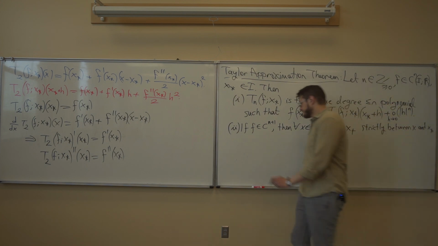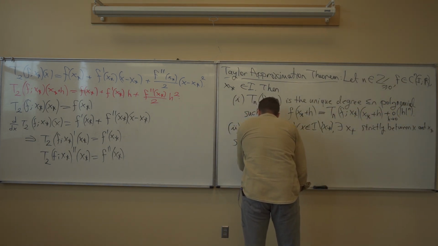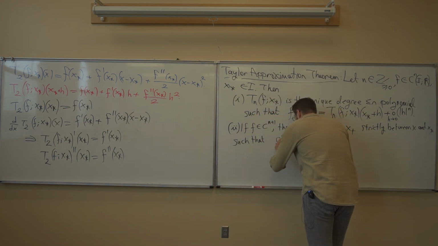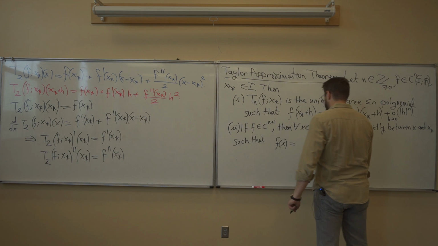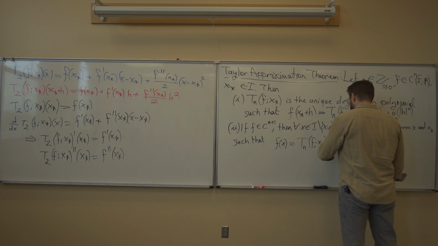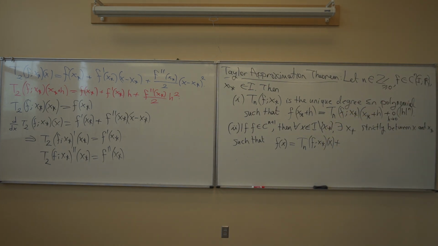Such that f of x equals t sub n of f comma x star at x plus, now it's going to look pretty much the same way as the n plus first term, except that you're evaluating the derivative at this point instead of x star.